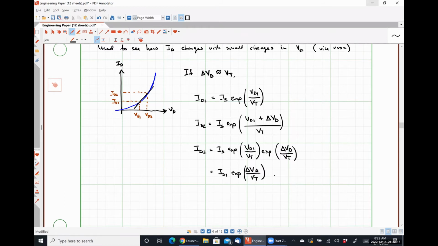When delta VD is approximately equal to or smaller than VT, we can use, I believe it's a Taylor series expansion relationship that says the exponential of x is equal to 1 plus x for x less than 1. So using this Taylor series expansion, this is us trying to linearize this relationship.